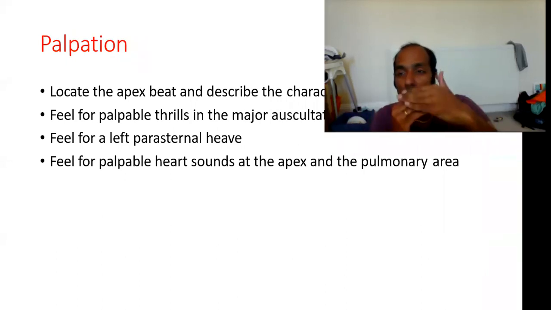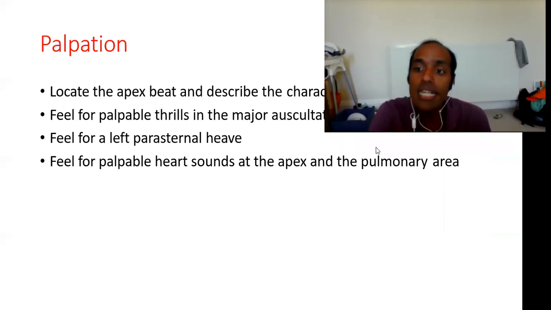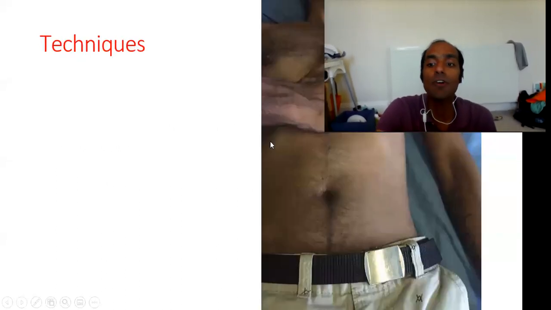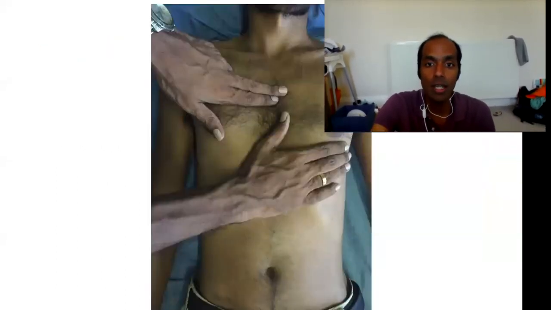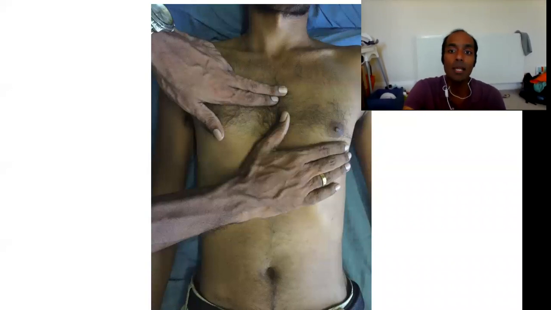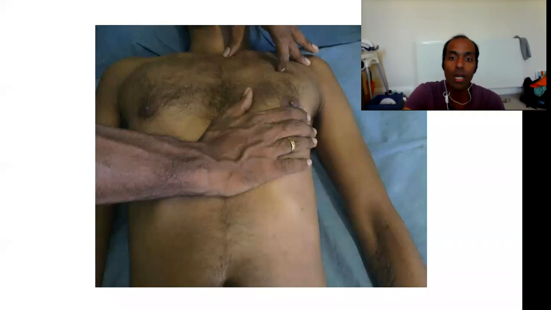Heaving apex, which is a forceful sustained impulse, which is usually non-displaced. Okay, fine. Then you feel for thrills. Okay, this is, I have shown you how to locate or count the position of the apical impulse, right? Look at these pictures there. Mid-clavicular line.